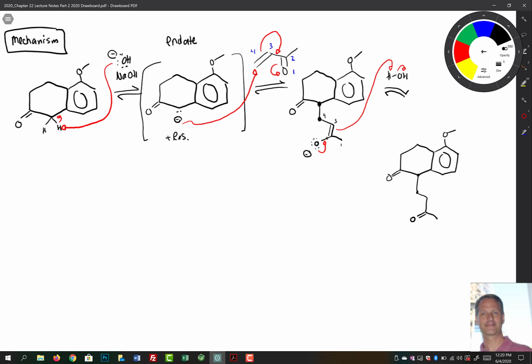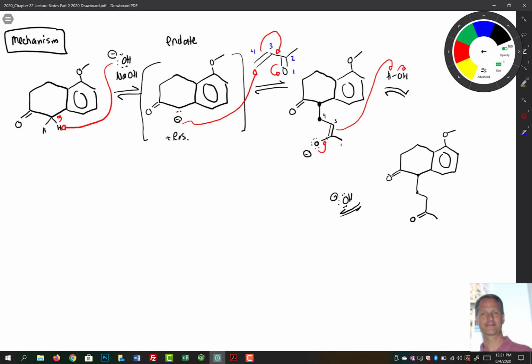So what we want to do now is think about what can occur. Remember, you are in a solution of sodium hydroxide, so we have hydroxide in solution right now. So let's think about doing an intramolecular aldol condensation. Remember, our target for a cyclic structure should be a 5, 6, or 7 membered ring.